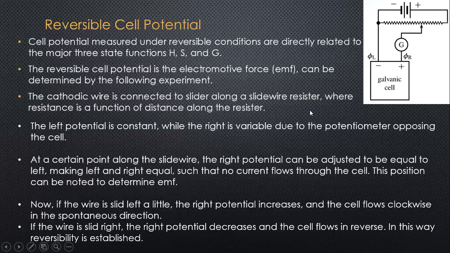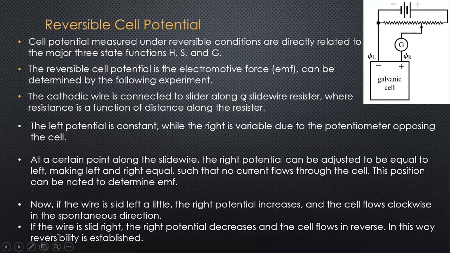Here's where we finally get to the reversible cell potential, how we can measure this. Cell potential measured under reversible conditions is directly related to the 3 major state functions H, S, and G. The reversible cell potential is essentially the electromotive force, and that can be determined by the following experiment.